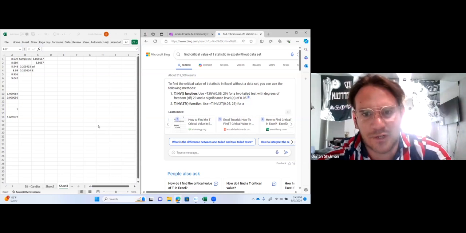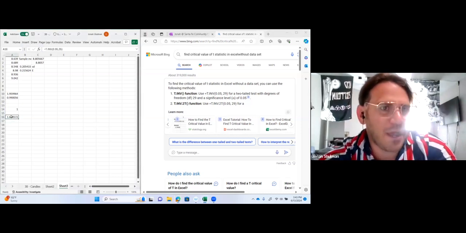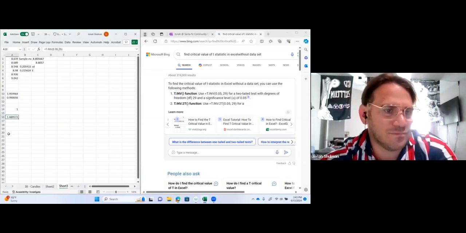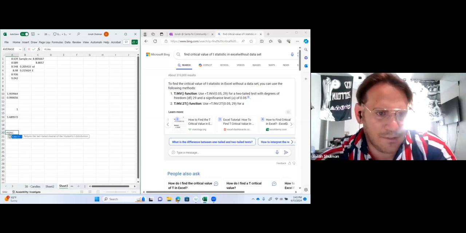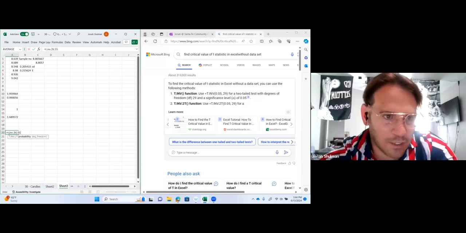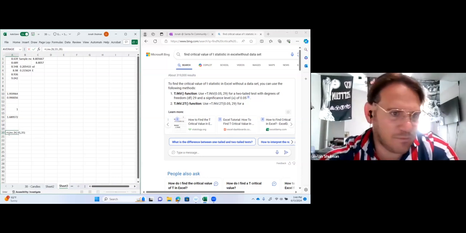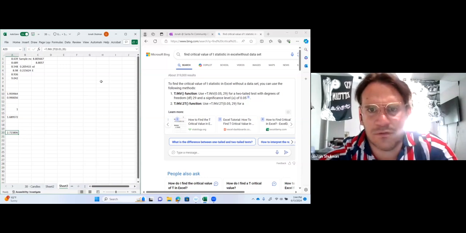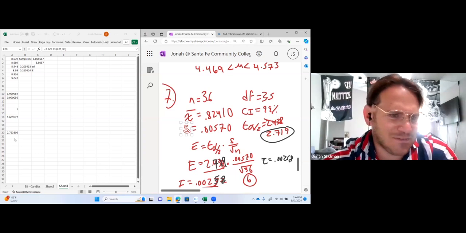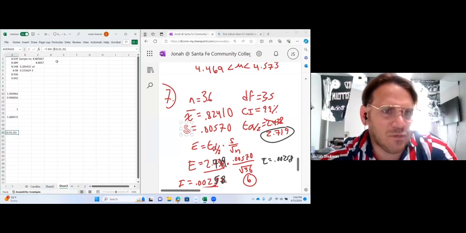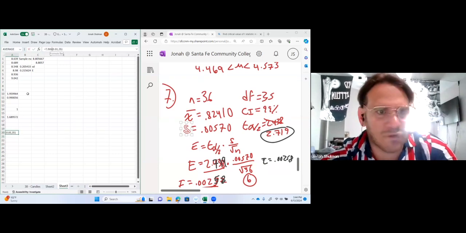Ah, it's the alpha level first. That is so annoying, and I'm not happy about it. So equals T dot INV. I believe we have a two-tail, and it's gonna be 0.01 at 35, 2.72, 2.7238, 2.719. I don't know. Let's just make it a one tail and see what happens. Nope, that's it. I guess it just rounds it differently.